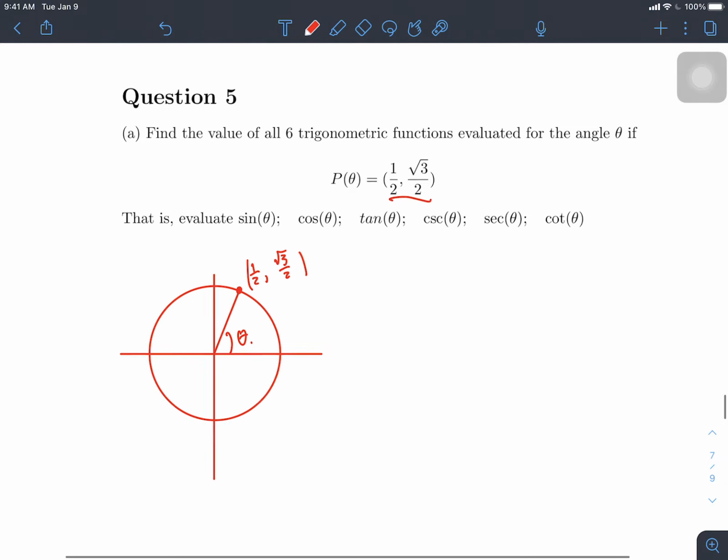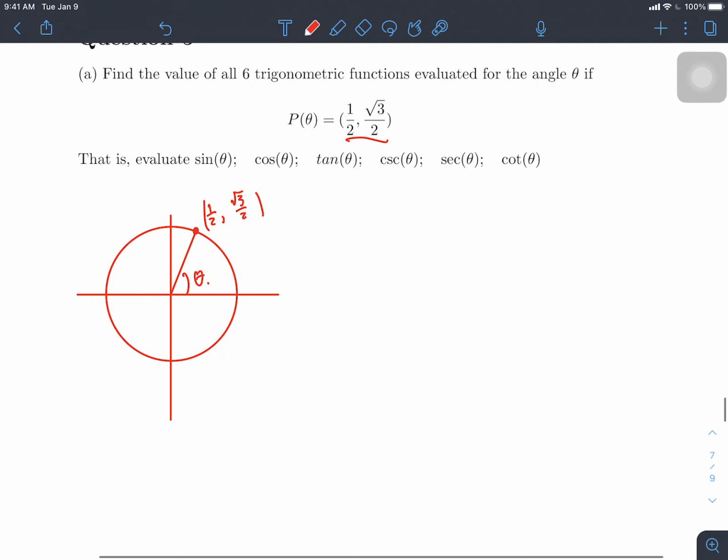Okay. So this question is really checking, do you know what the definition of all of the different trigonometric functions are based on the point on the unit circle which theta points at? And the definitions that we had were sine of theta.